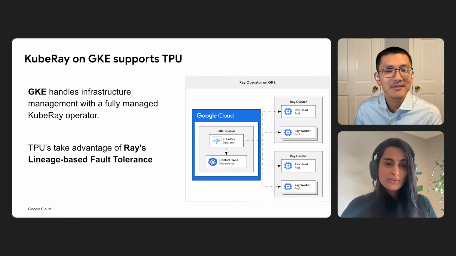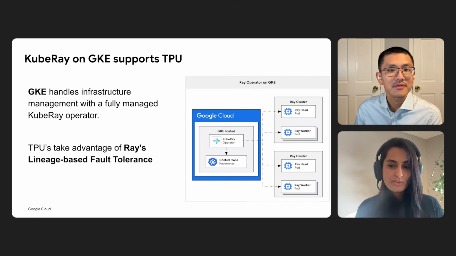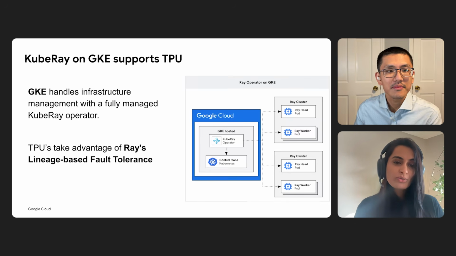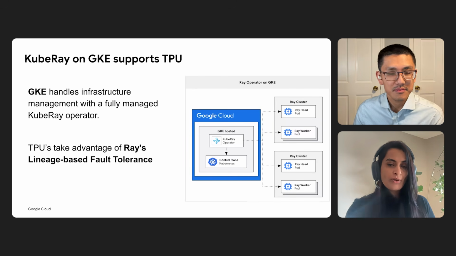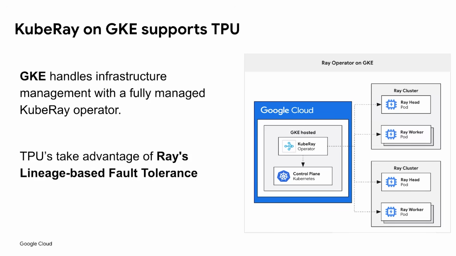Also, GKE supports other ecosystems such as Ray through KubeRay, and we have an add-on for KubeRay. As you know, Ray handles the complexity of scaling Python workloads for massive distributed systems. Data scientists work in Python without needing to handle infrastructure, and that's the advantage of Ray.